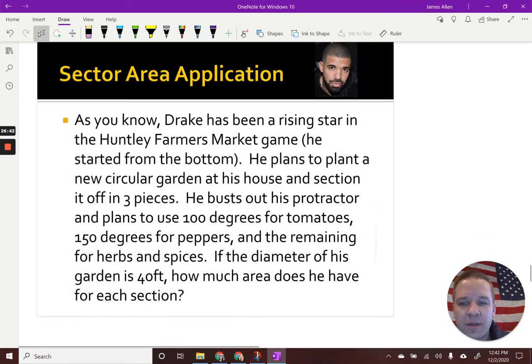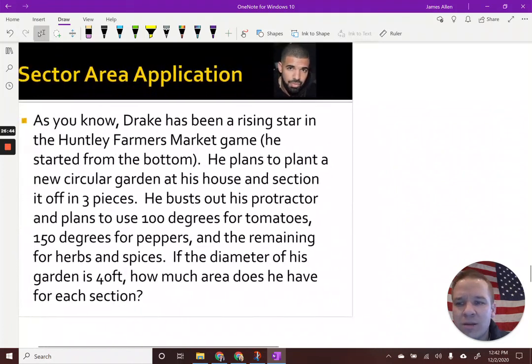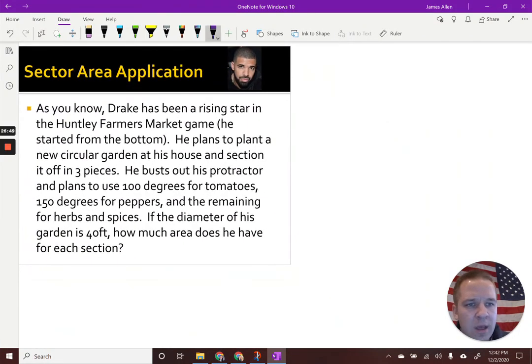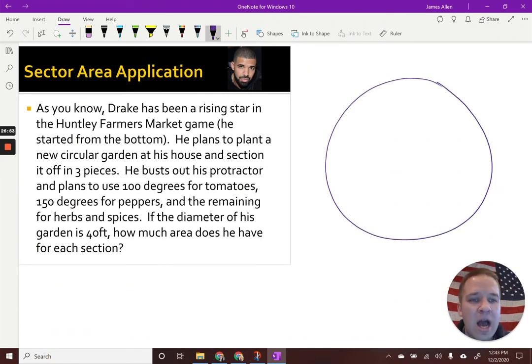So let's go ahead and draw this up. Actually, I want to leave Drake in there, so I'll just scooch over to the side a little bit, maybe a little zoomy out. Okay, so if I've got this circular garden here, that's a nice circle, and we know it's a diameter of 40. We'll keep that in mind. Now I said 100 degrees was for tomatoes, 150 for peppers. Well, I like this, looks about like 150, not quite 180, right?